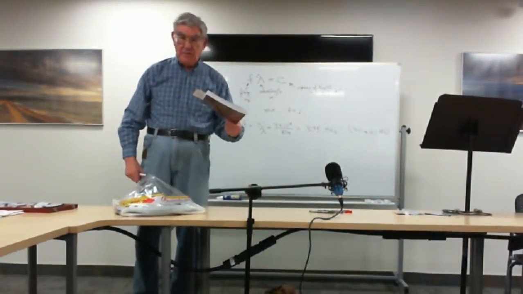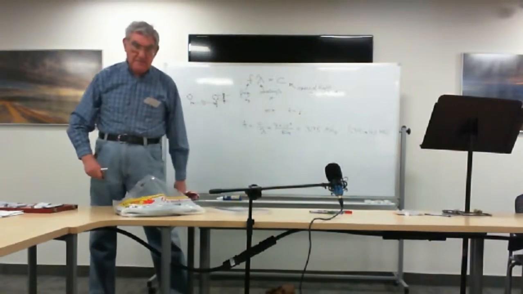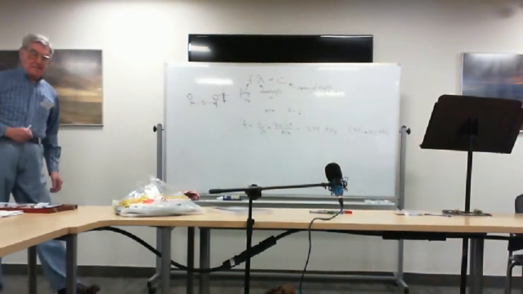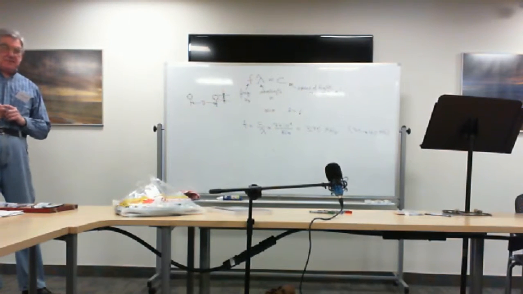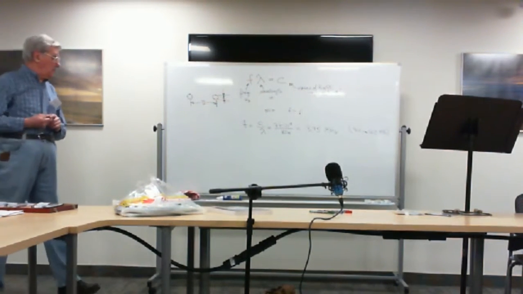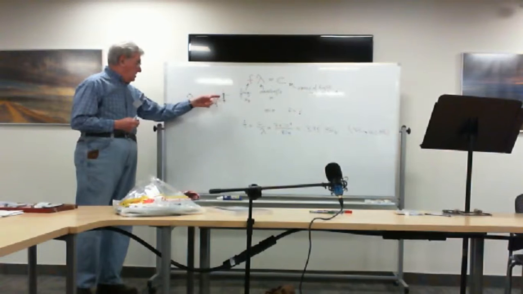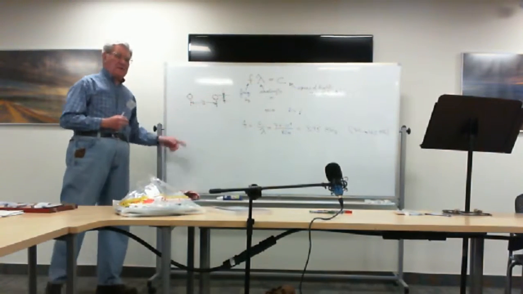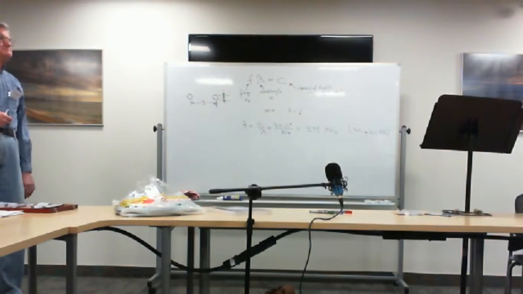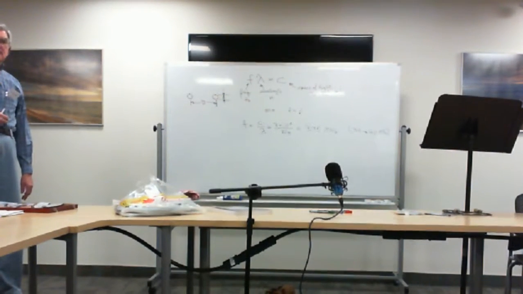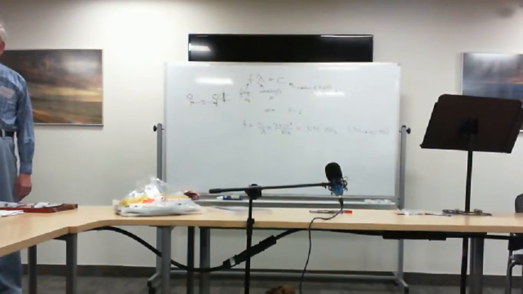It's in this book. You don't need to know that formula, but you do need to know that the characteristic impedance of the parallel wire transmission line depends upon those two values. Actually, it depends upon the ratio. I don't remember.